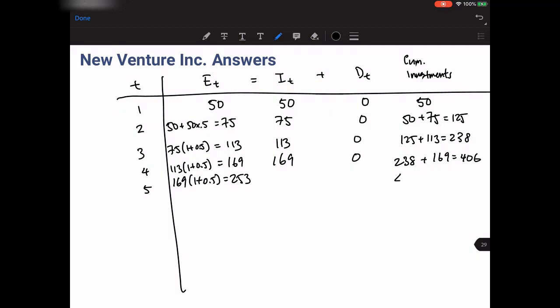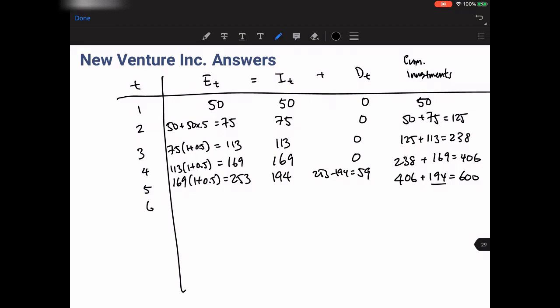So as you know, 406 plus 194 will give us 600. So we will hit the cap, right? And so 194 is how much we will invest. And the rest, 253 minus 194, equal to 59, is dividends. $59 million of dividends. So we already started paying dividends in year 5.